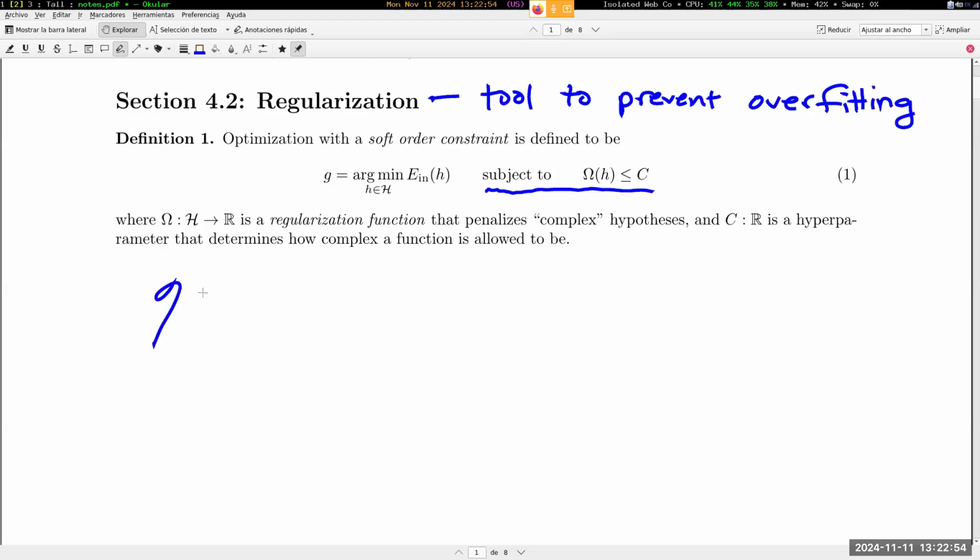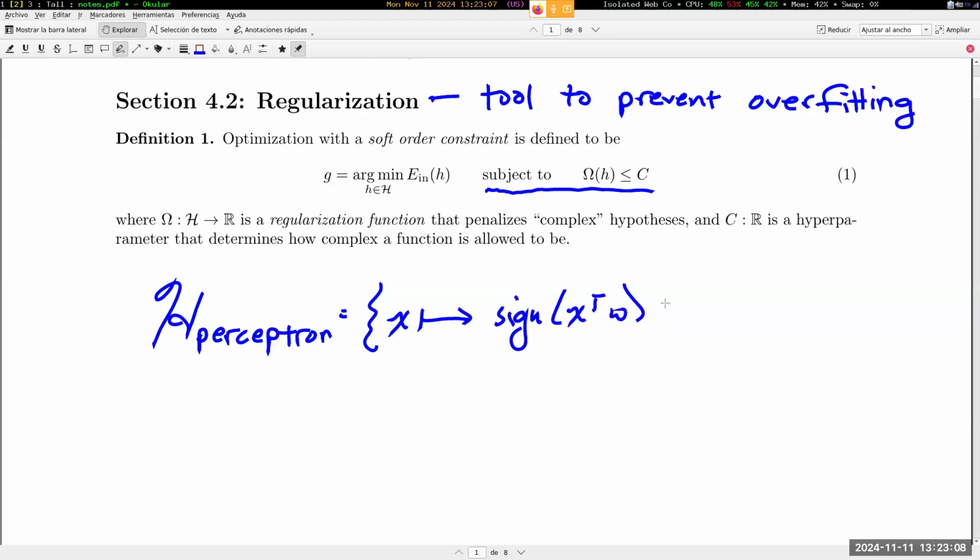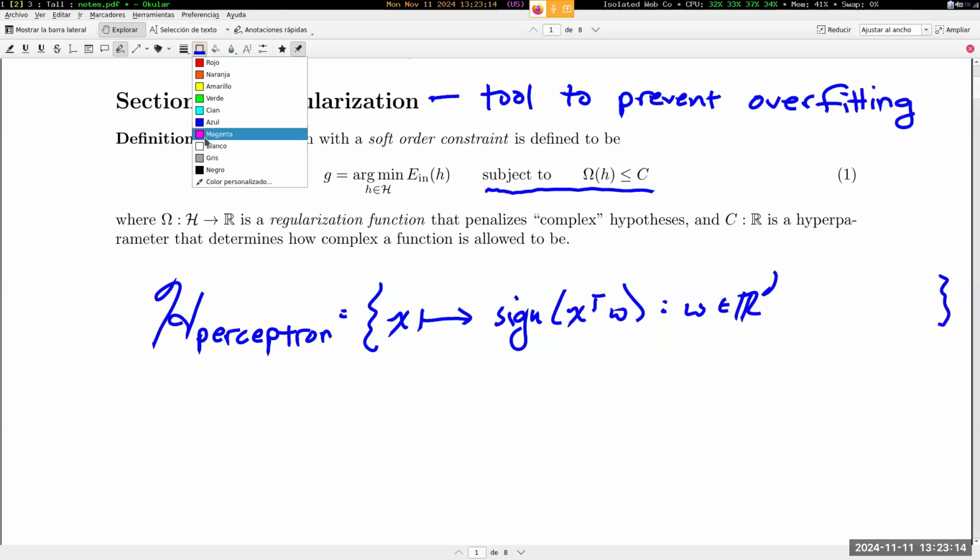If we had our perceptron hypothesis class, the previous version, I'll write in blue, is sign of X transpose W, where W is contained in R to the D. The new version adds an additional constraint using this omega function, which is different than the omega from asymptotic notation.